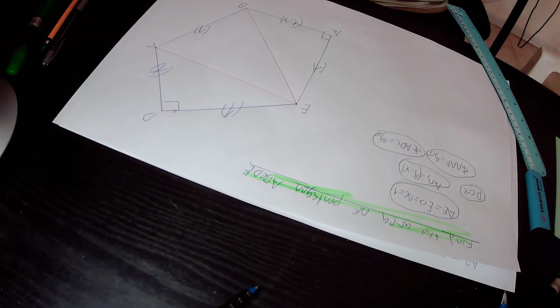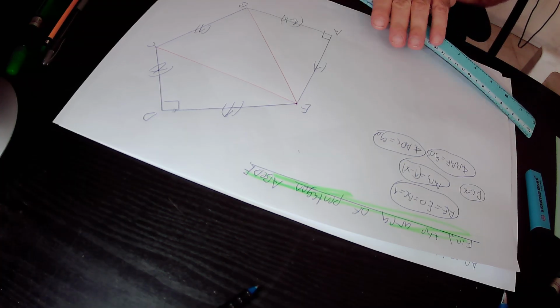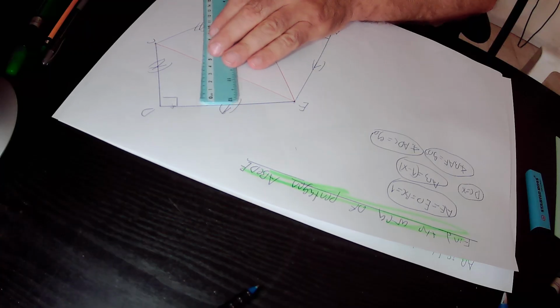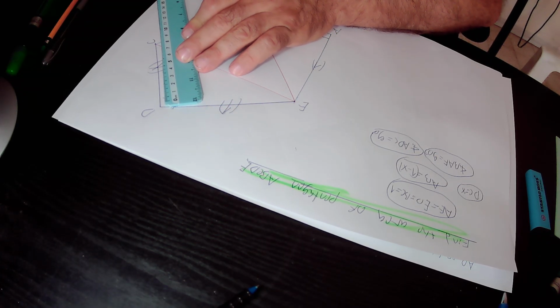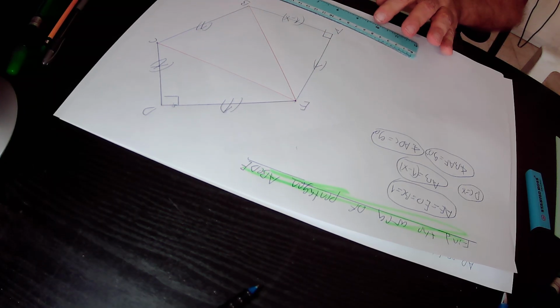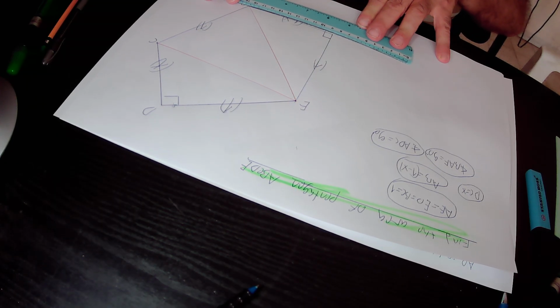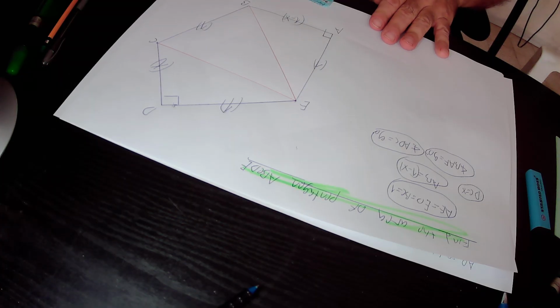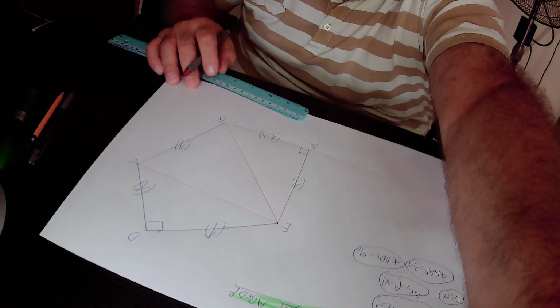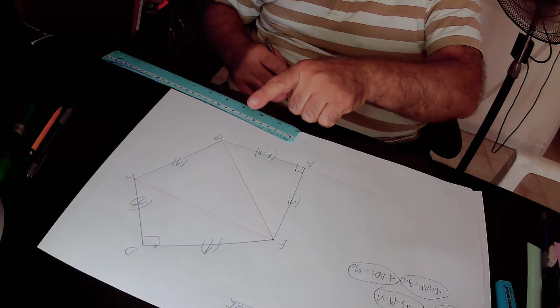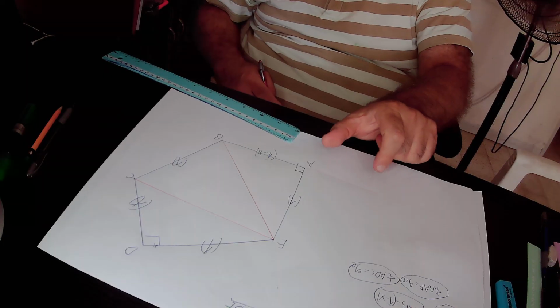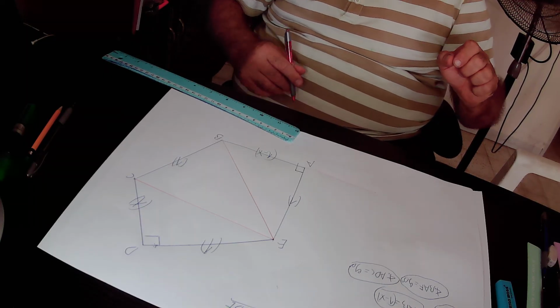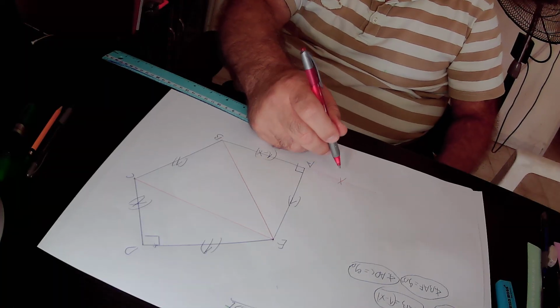And we extend side BA by a straight line in such a way that the extended part will be equal to X units in length, according to our construction.